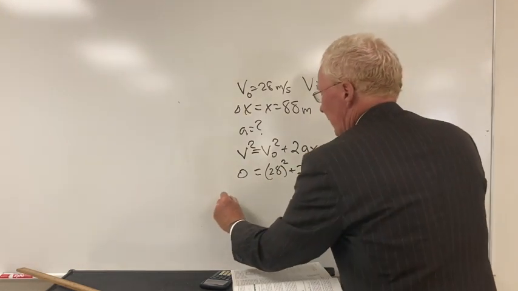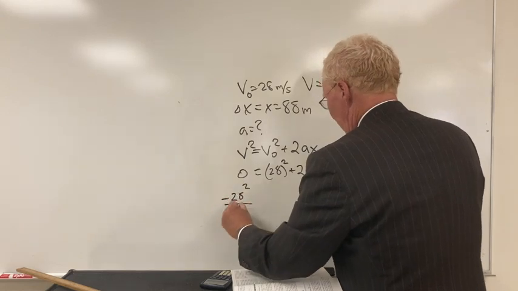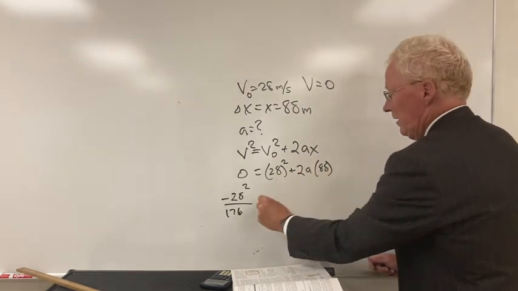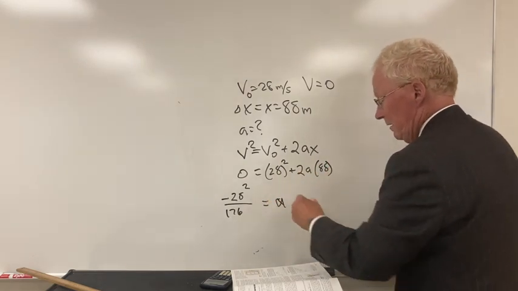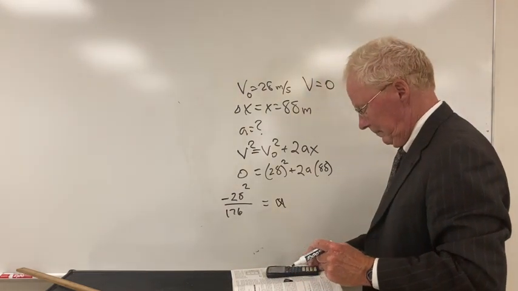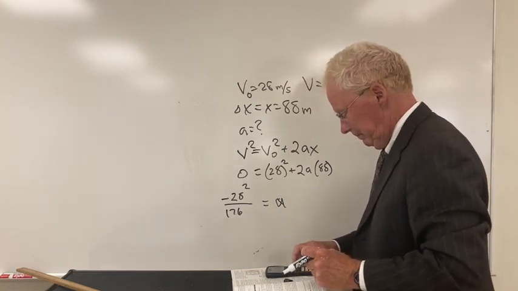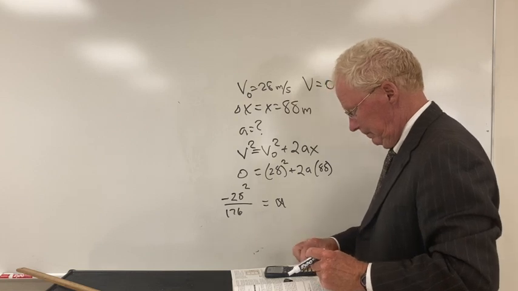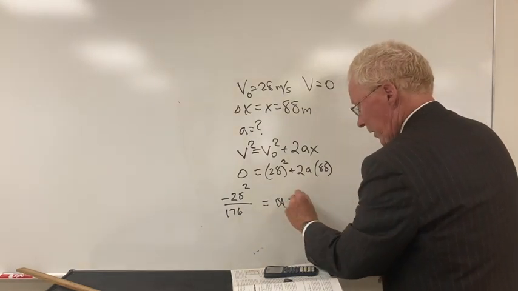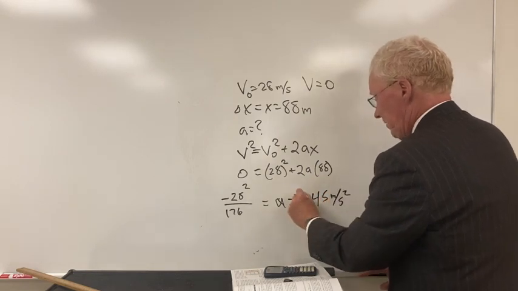So we subtract, it's minus 28 squared over 176, multiplying 2 times 88, is a. And if we solve for that, we get 4.45 meters per second squared, and it's negative because of the negative.